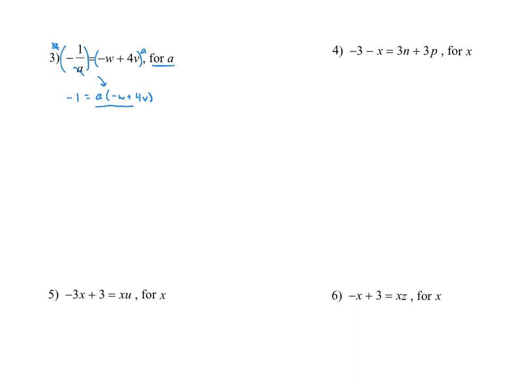You can actually divide both sides by everything in those parentheses, negative w plus 4v, because a is being multiplied by everything. And so your answer would literally be 1 over the parentheses, negative w plus 4v.